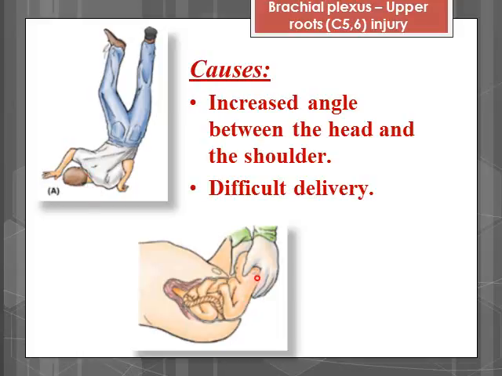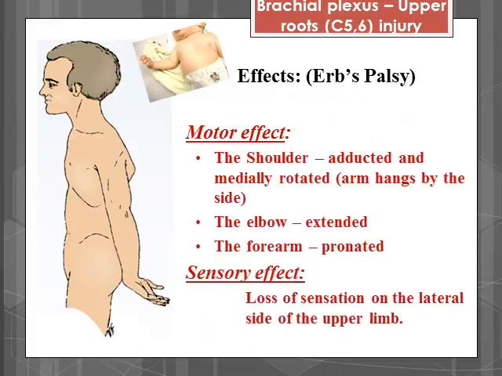Also, during difficult delivery, there is traction on the head of the baby, leading to increased angle between the head and shoulder, and also traction on C5 and C6 roots. Traction on the C5 and C6 nerves leads to Erb's palsy or Erb's paralysis.